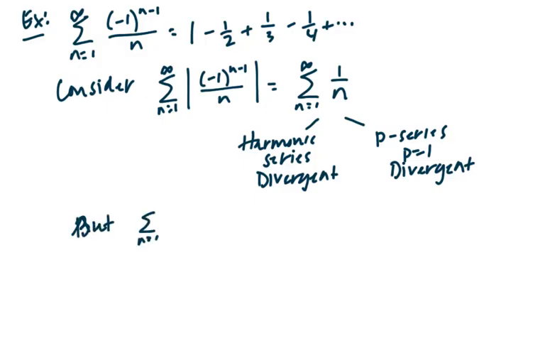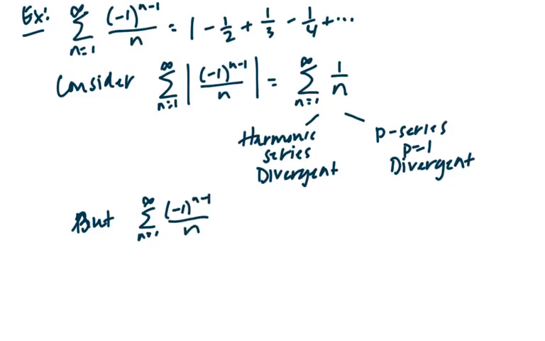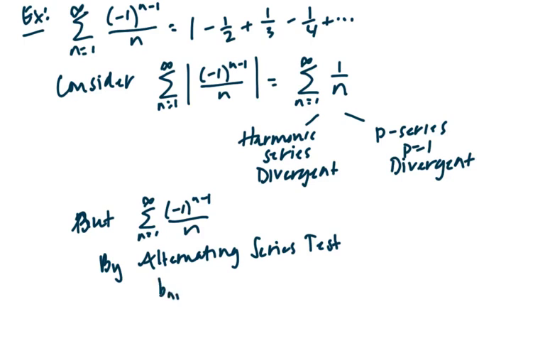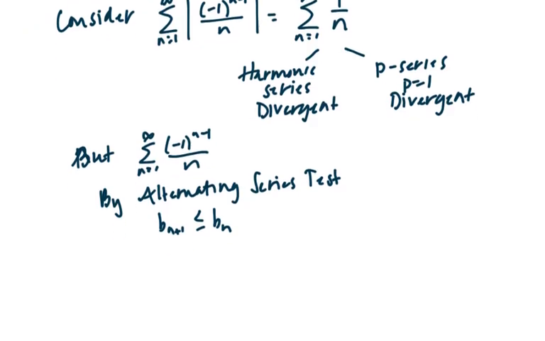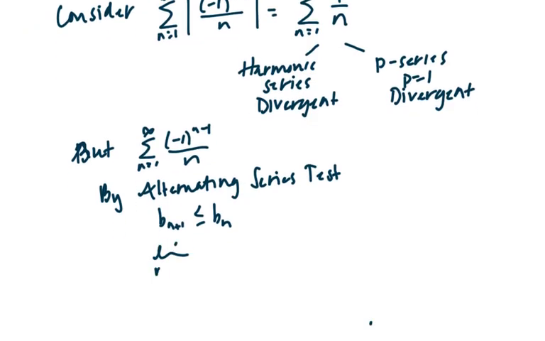the sum from n equals 1 to infinity of negative 1 to the n minus 1 over n. By the alternating series test, we know that b sub n plus 1 is less than or equal to b sub n because the terms are all decreasing. Then we consider the limit as n approaches infinity of 1 over n.